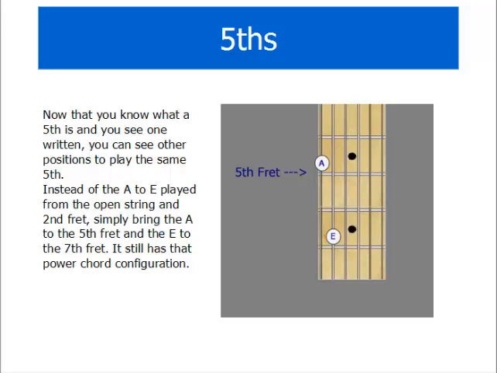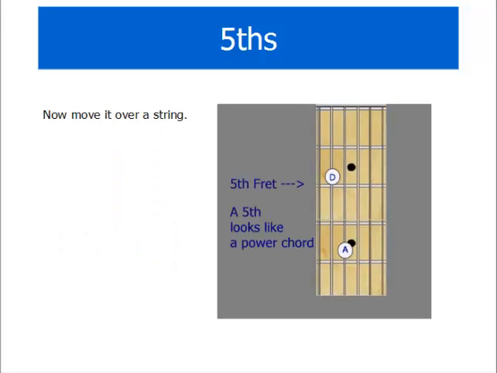Same fifth, same power chord. Now, move it over a string, and so your bottom note is going to be a D, and you get another fifth. Same thing will happen as you move sideways.